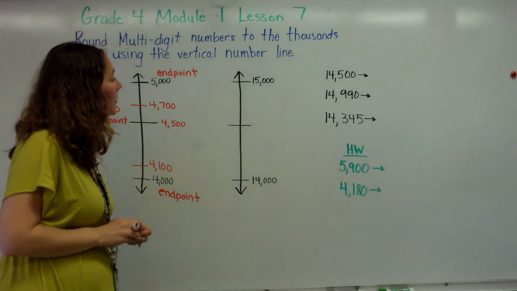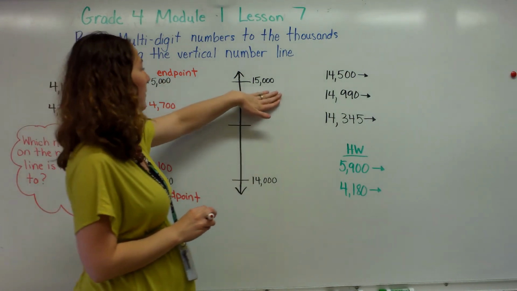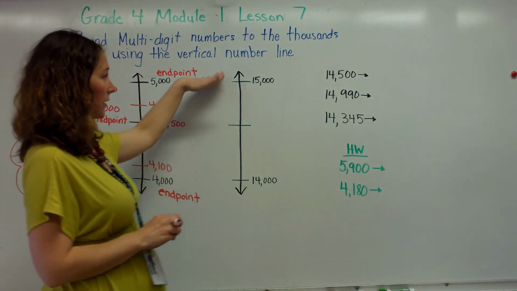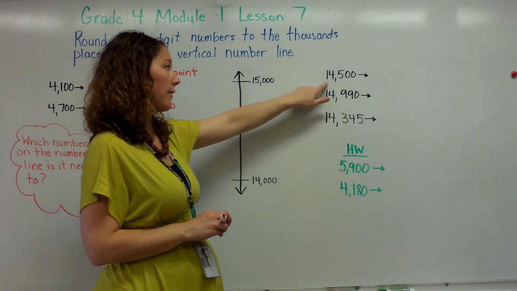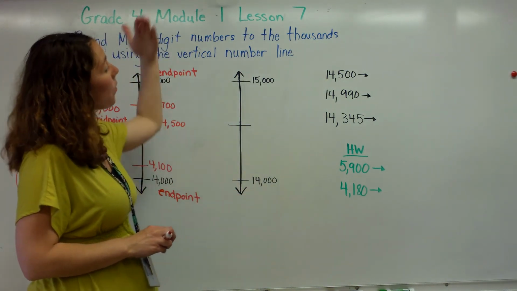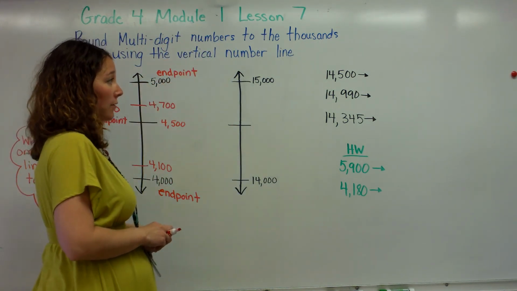Let's look at our next number line. Here I have a number line on which my endpoint on the bottom is 14,000 and my endpoint on the top is 15,000. The reason I picked 14,000 and 15,000 is because if I look at my example, 14,500, I know that I have 14,000, and I know that one more thousand than that is going to bring me to 15,000.